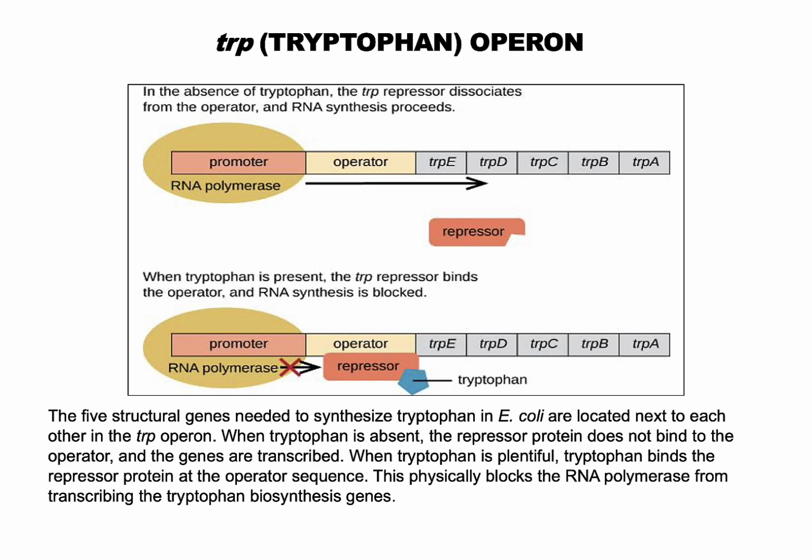More trp operon regulation: attenuation. Like regulation by the trp repressor, attenuation is a mechanism for reducing expression of the trp operon when levels of tryptophan are high. However, rather than blocking initiation of transcription, attenuation prevents completion of transcription.